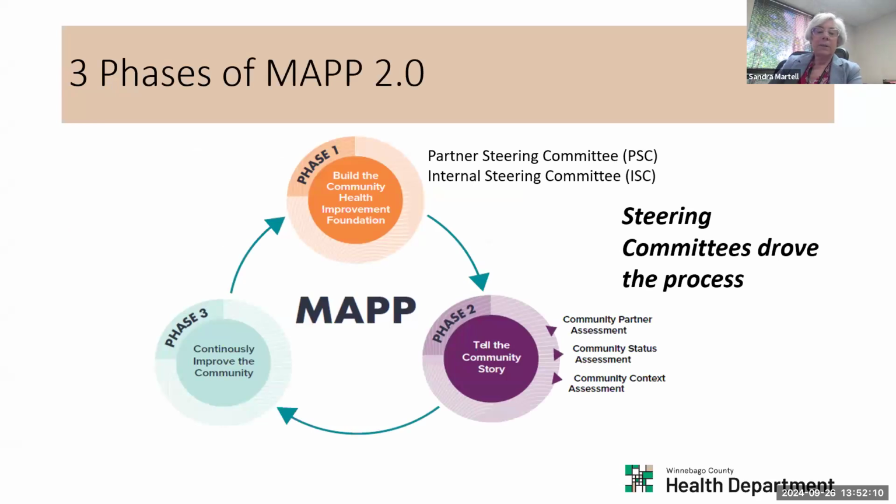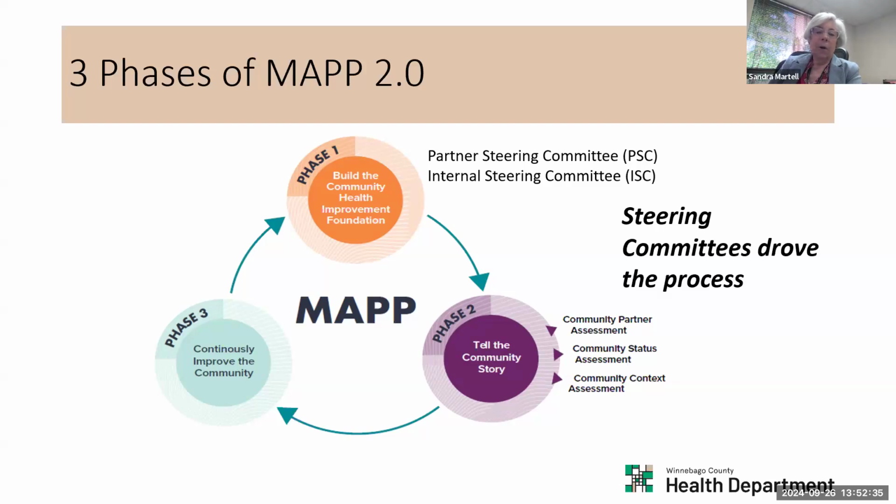So we've all seen this before. And again, I think that for us, we had two steering committees. We had an internal steering committee that was comprised of health department employees, and we had a partner steering committee, which started out as a legacy group and was comprised predominantly of healthcare providers who all had some need for assessments, right?